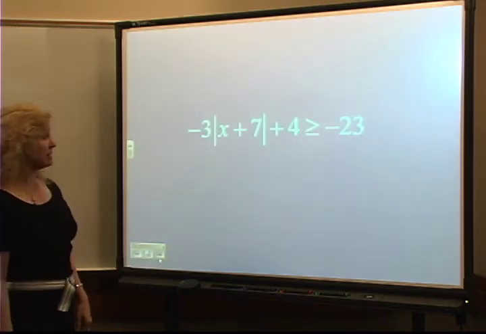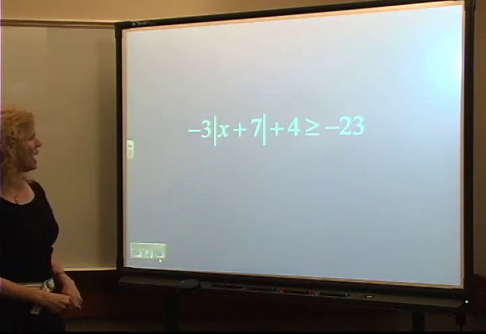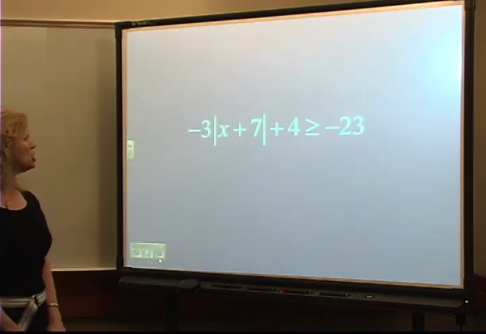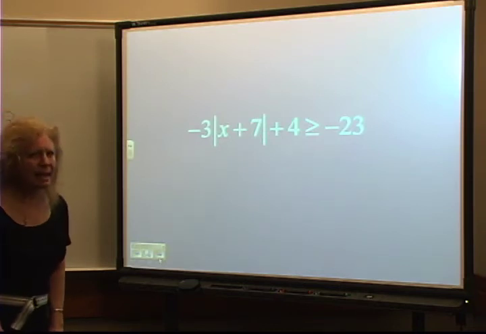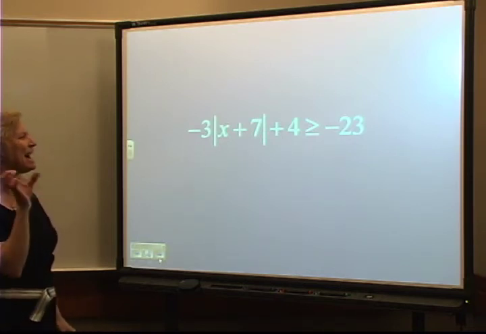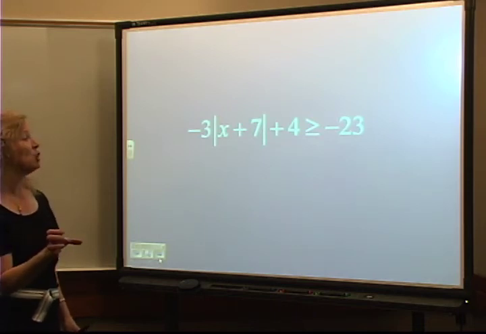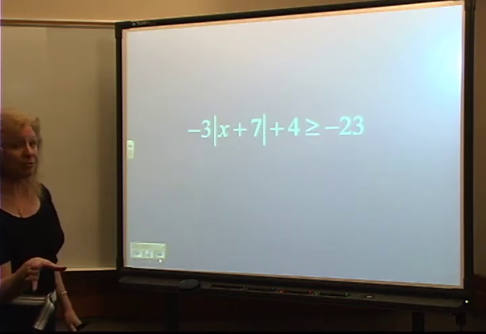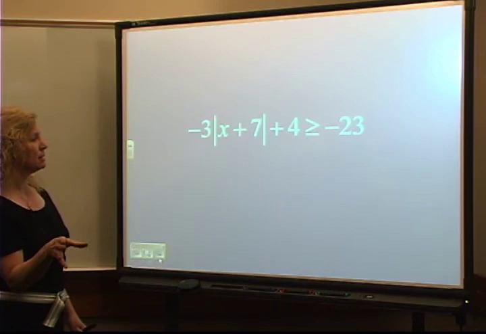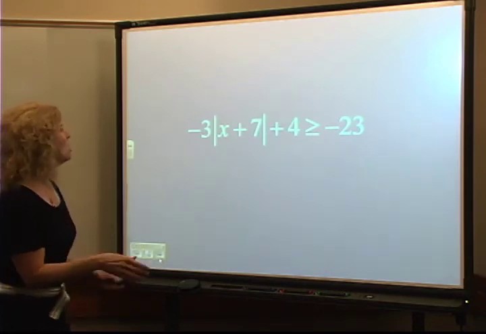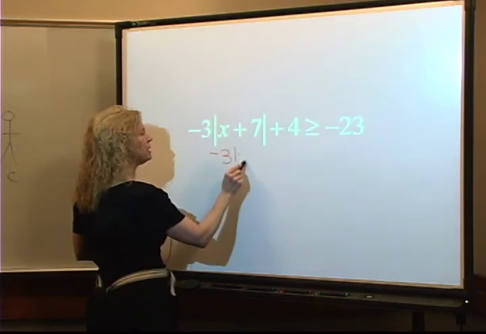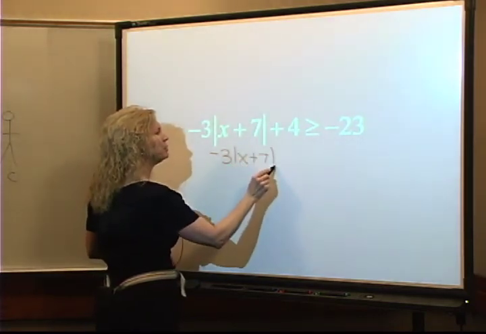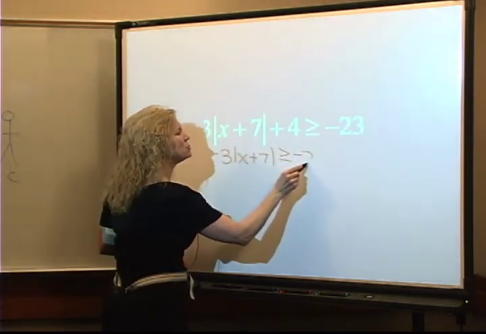Wow, I got all kinds of junk now. And as I look at all this junk, I'm thinking, okay, I need to get that absolute value guy by himself. So what am I going to move first? I'm going to get rid of that 4. Okay, subtracting the 4 gives me negative 3 absolute value is greater than or equal to negative 27.